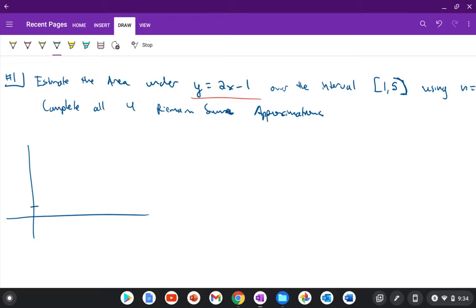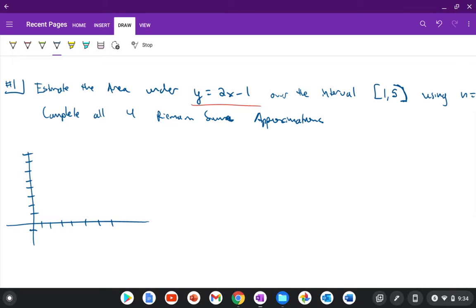So the function 2x minus 1, I'm going to go ahead and just draw a graph of it. And you can zoom in more here if you will. So we are at -1. We go up 2 over 1, up 2 over 1, up 2 over 1. I realize it's not exact, but it's all right.